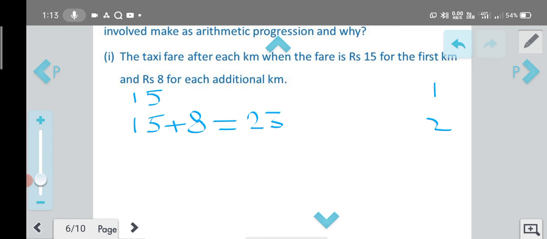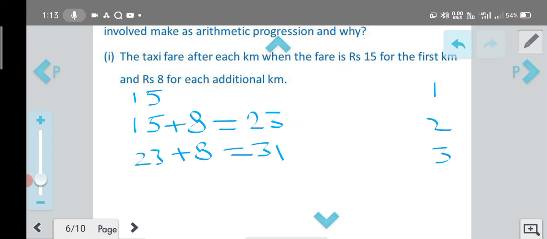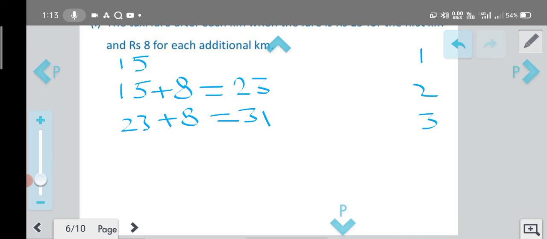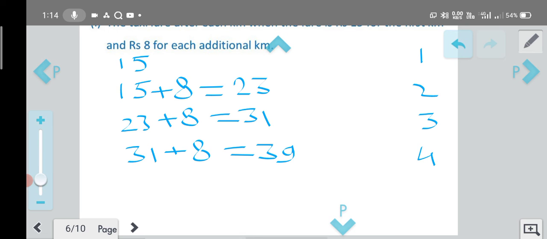So the second number is 23. If we travel 3 kilometers, we have to pay 8 rupees additional, so we get 23 plus 8, which is 31. Similarly, if we go 4 kilometers, again we add 8 rupees to 31, so we get 31 plus 8, which is 39, and so on.